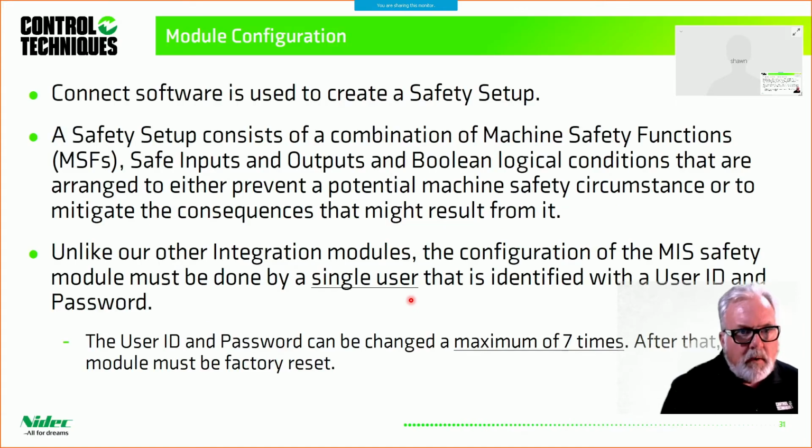So to configure the module, we're going to be using Connect software to create a safety setup. And a safety setup consists of a combination of machine safety functions, or MSFs, safe inputs and outputs, and Boolean logical conditions that are arranged to either prevent a potential machine safety circumstance or to mitigate the consequences that might result from it.